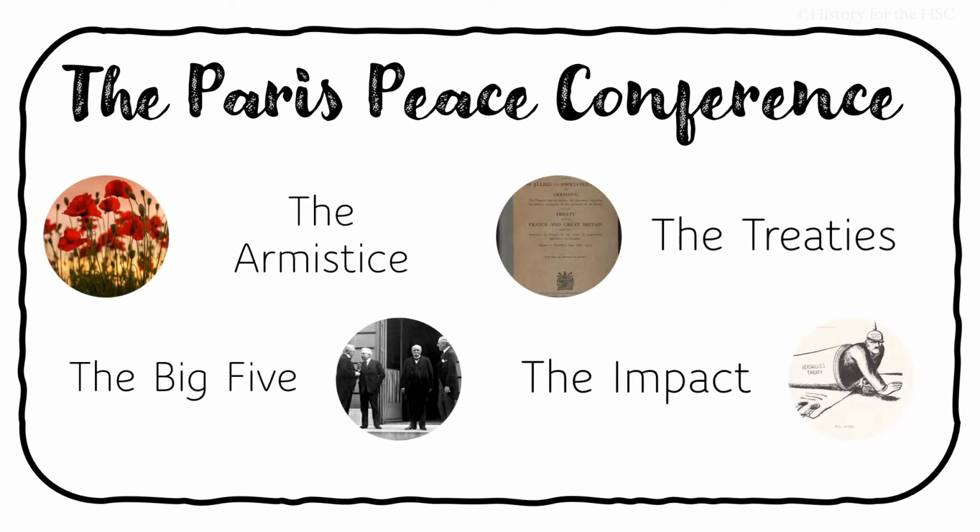So the Big Five had arrived in the Paris Peace Conference desiring a way to stop war. The French aimed to do that by crushing the Germans into the ground. The Americans by removing the root causes of war.